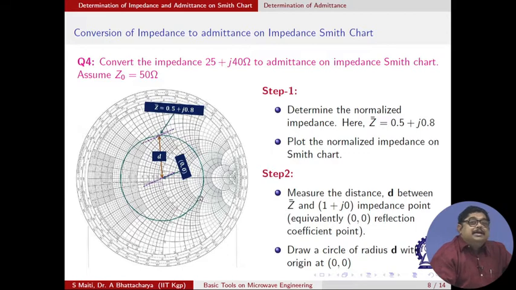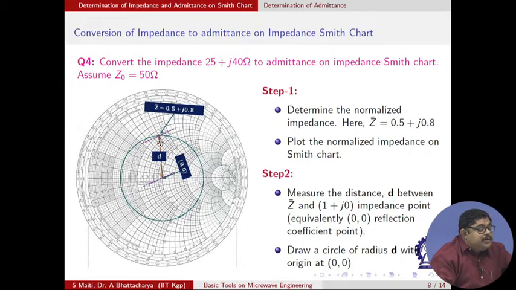So, now you know what we are drawing. Basically, we are drawing a constant VSWR circle. In the transmission line, one of the line impedances is this. Now, if we draw this circle, we are basically moving on the constant VSWR circle.